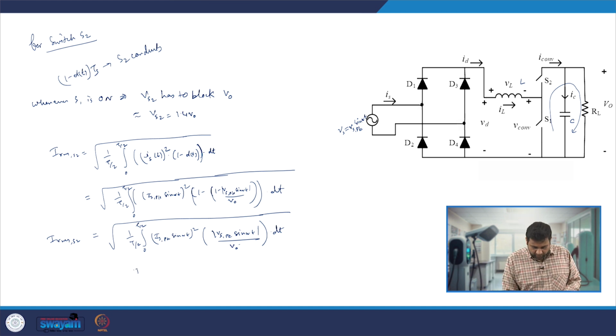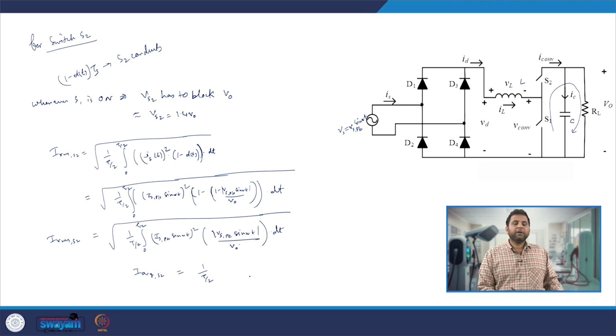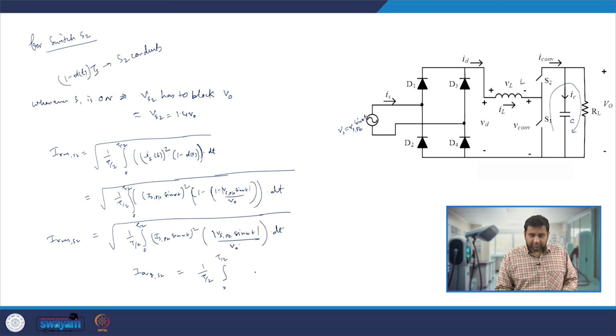So, if you want to calculate I average going through the S2 switch, again we have to find the average. It is again the mean taken over the T by 2 period, going from 0 to T by 2. Since you have to calculate the average current which will be flowing through it, you can do it by writing 1 minus d of t.